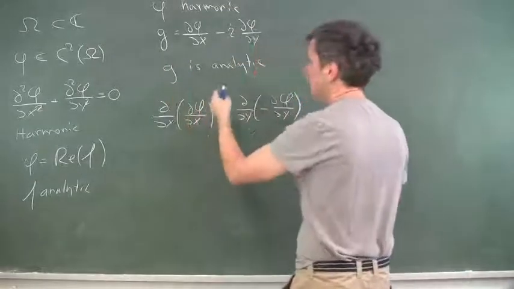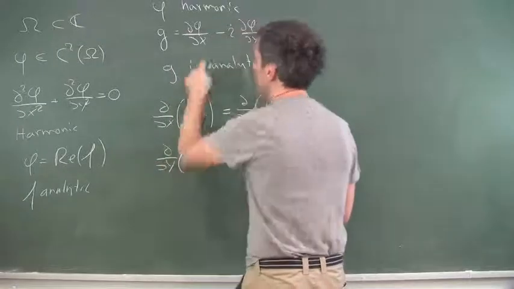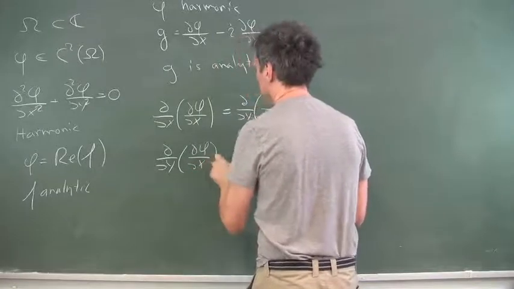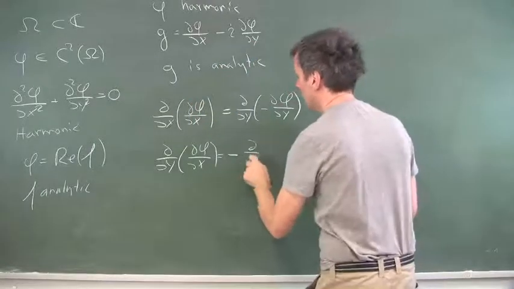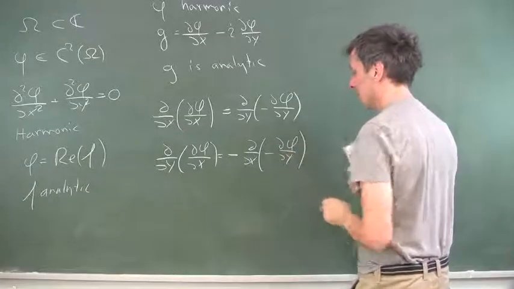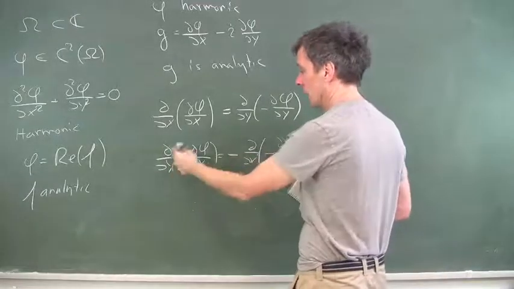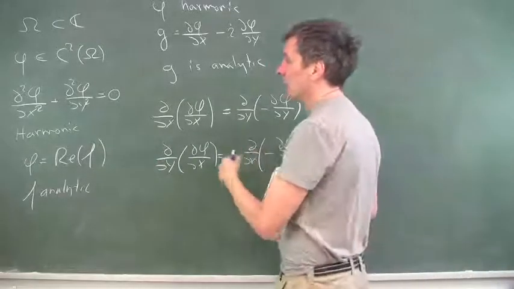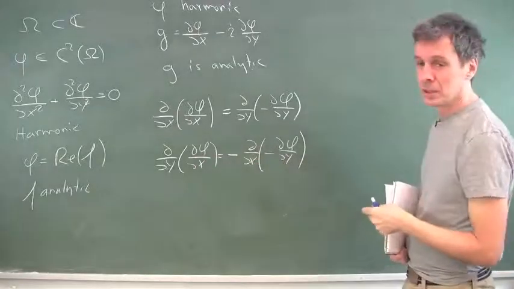The second Cauchy-Riemann equation states that the y derivative of the real part should be equal to minus the x derivative of the imaginary part. Now these two minus signs cancel, and you see that this is just the fact that the mixed second order derivatives are equal for a C2 function.